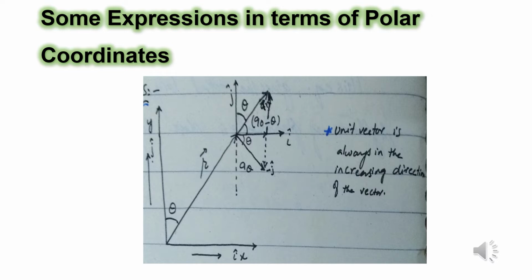Minus j is the direction on the negative side and the j unit vector is on the positive side. As you know, a unit vector is always in the increasing direction of the vector. This is the figure we are going to discuss for the polar coordinates to be calculated.